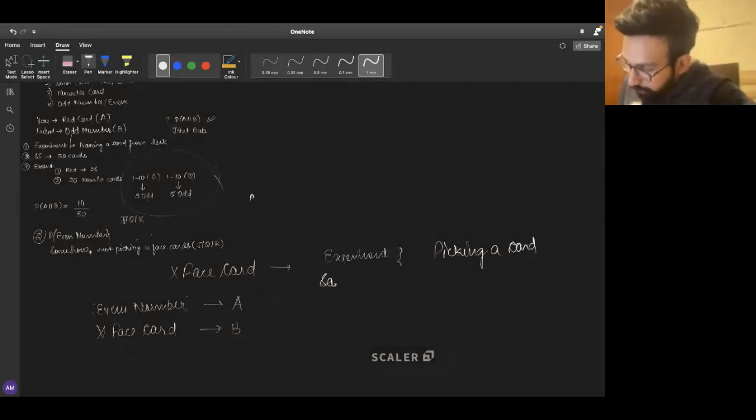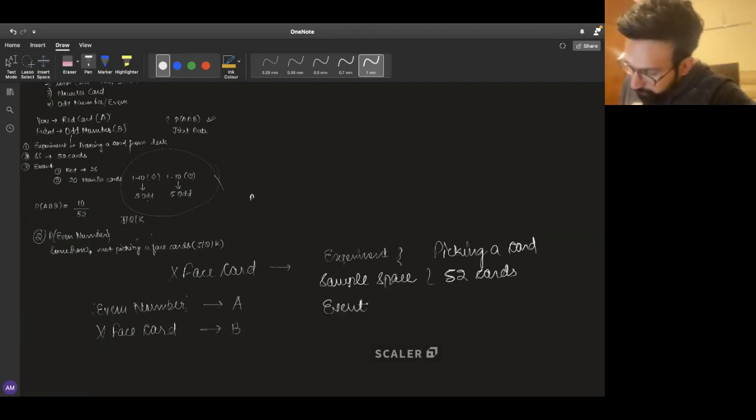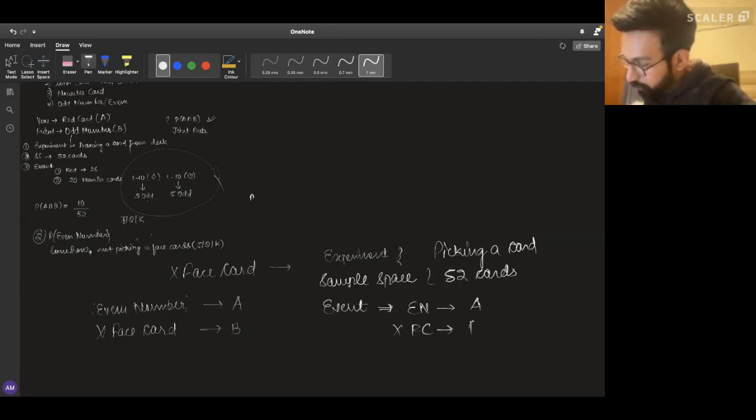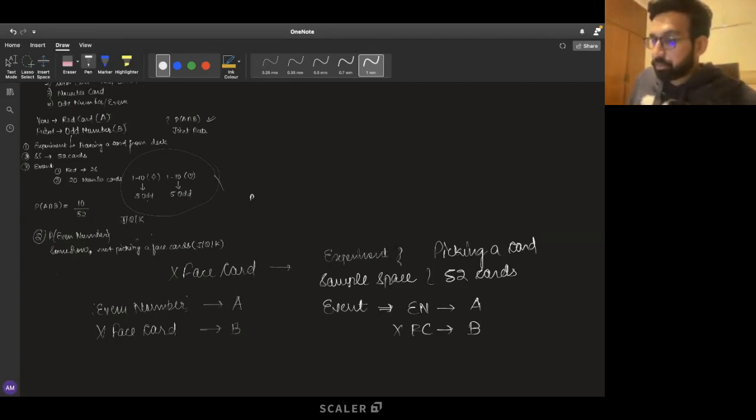The sample space is again the deck of 52 cards. What are the events here? The first event is getting an even number, which is A. And then we have no face card, which is event B. Any doubts in here?